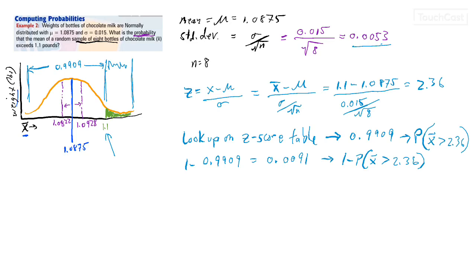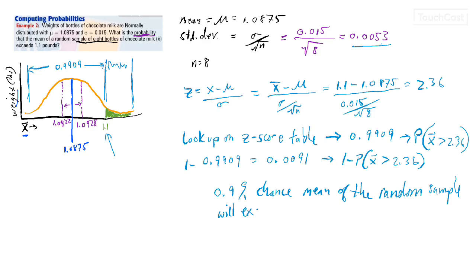So our answer is that there is a 0.9% chance that the mean of the random sample of 8 bottles that we pull will exceed 1.1 pounds. And that is your answer.